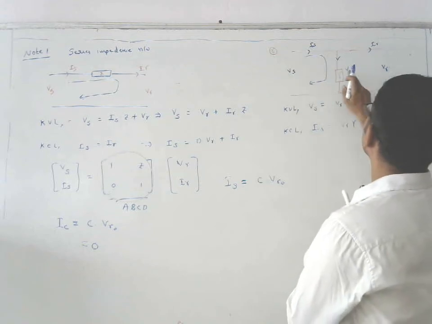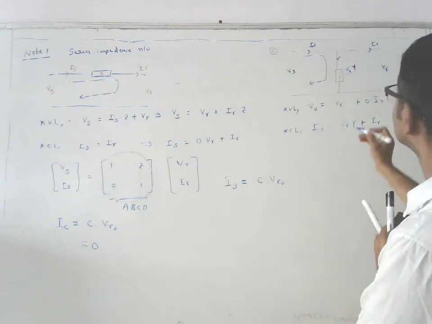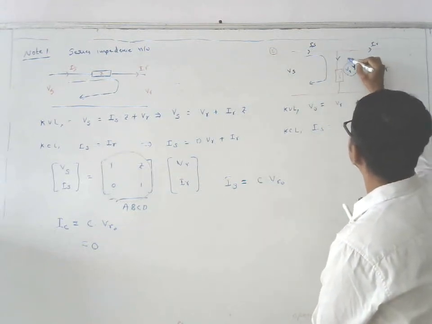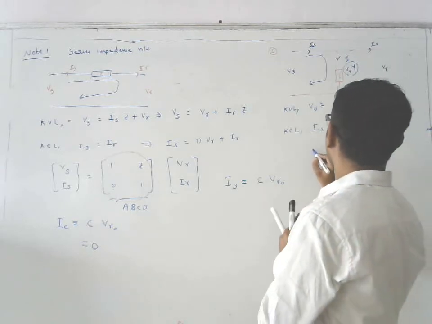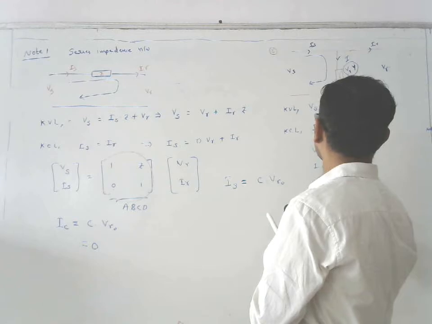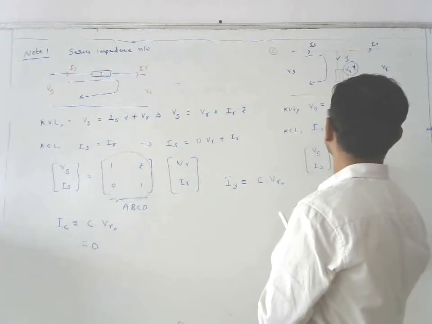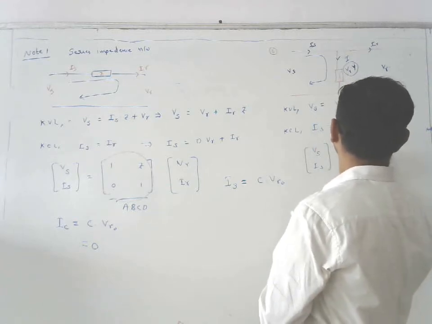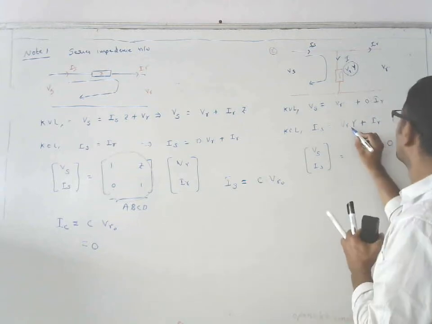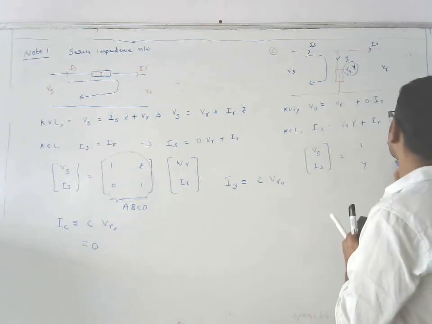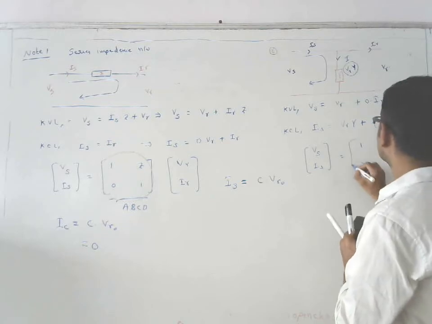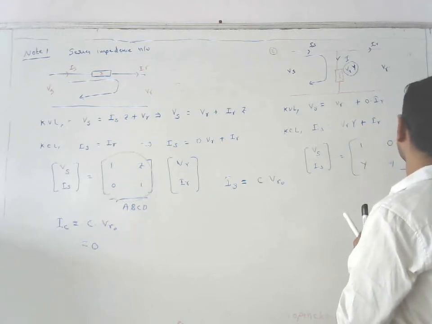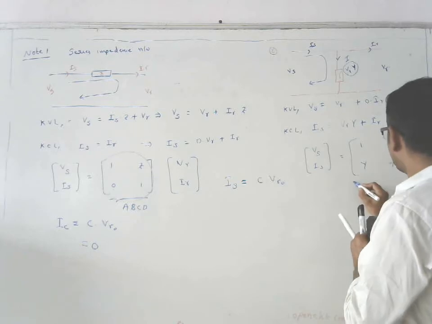Now we can get the matrix for this network as: VR term is 1, current 0; VR term is Y, current term is 1. These are the ABCD parameters of the shunt branch.